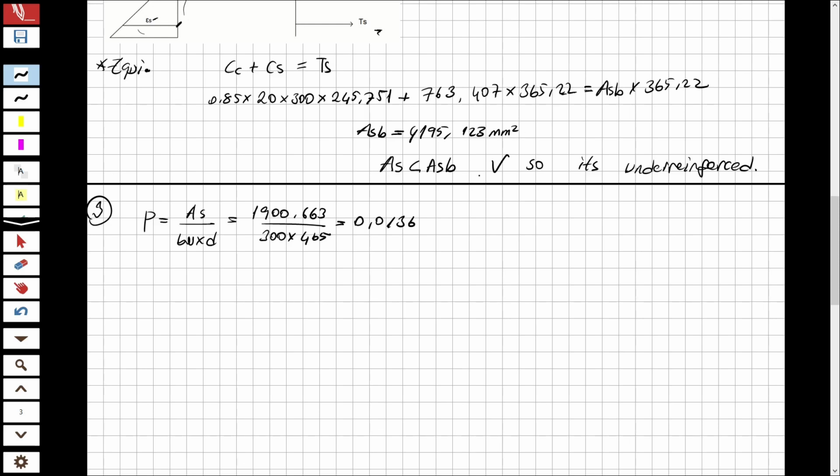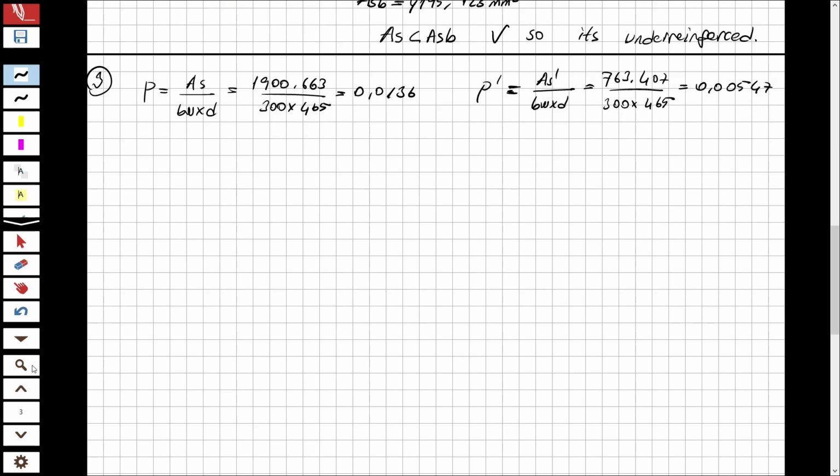Okay, so let's find the rho prime, the ratio of the top steel. It's going to be AS prime over BW multiplied with D, equal to 763.407 over 300 multiplied with 465. So this is also 0.00547.